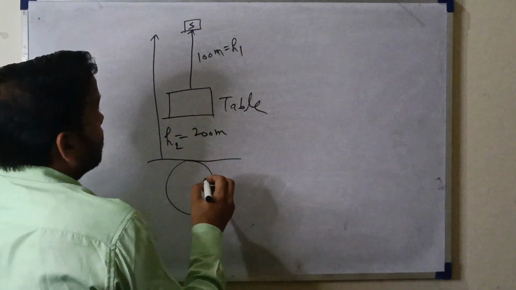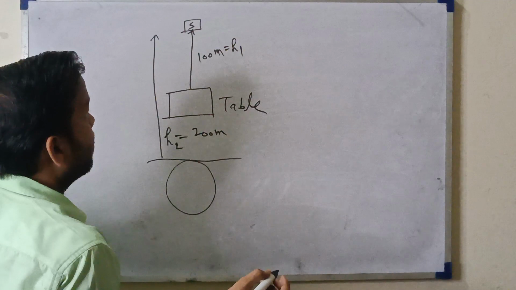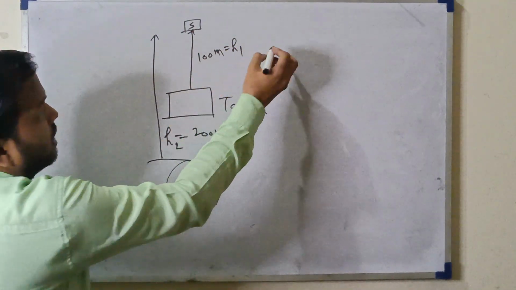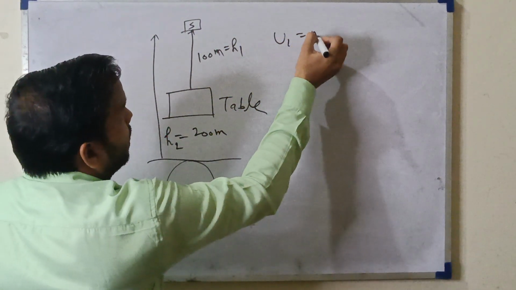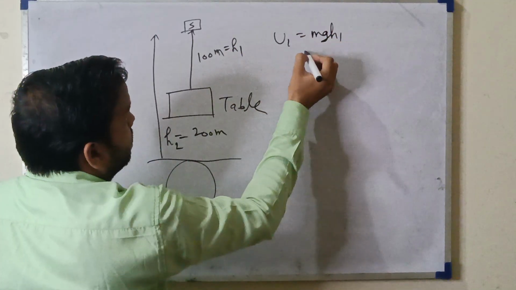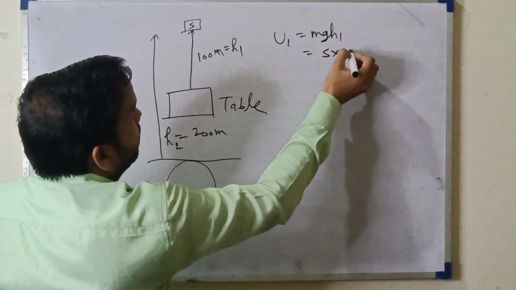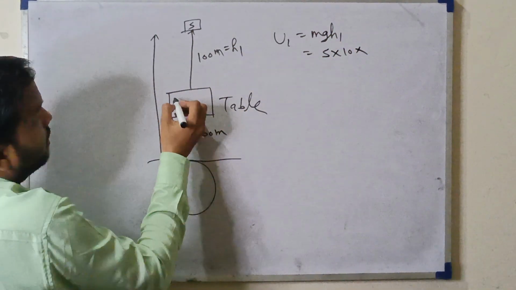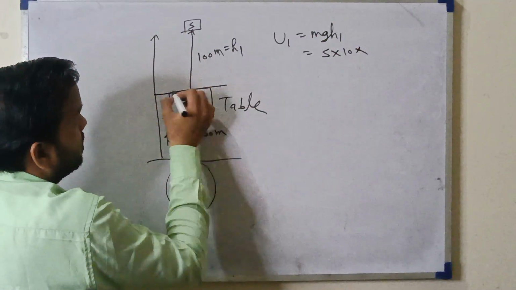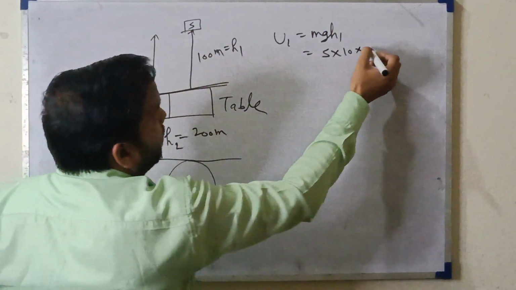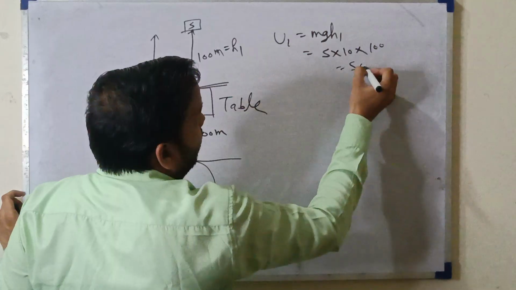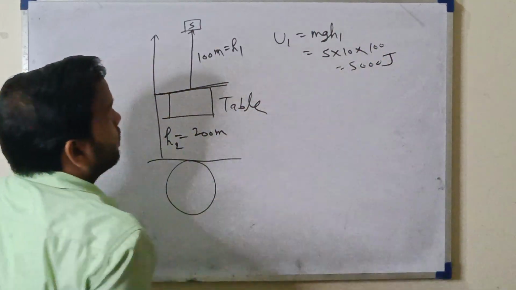Suppose we have to find the value of U from this height, then U1 will become m g h1. m is 5, g is 10, h1. At this time I'm talking about this surface. h1 is 100 meter. It means 5000 joule.